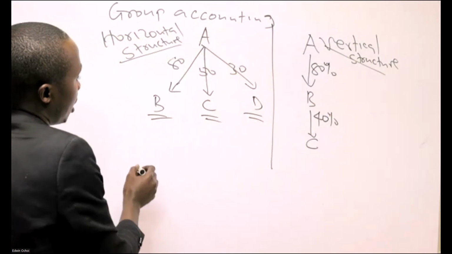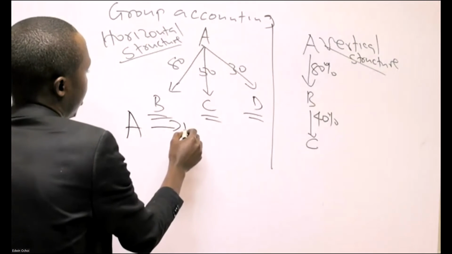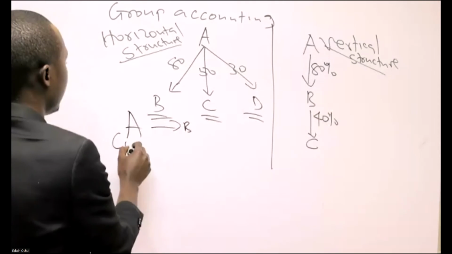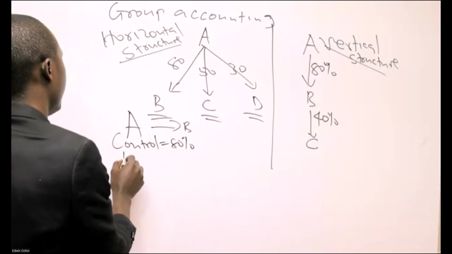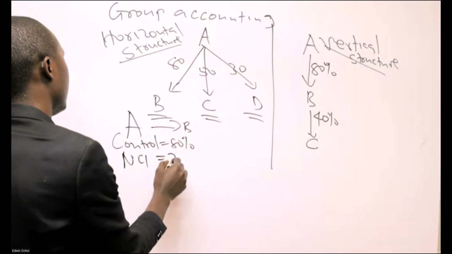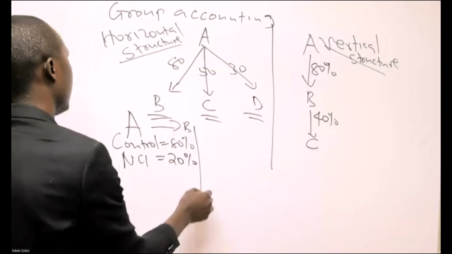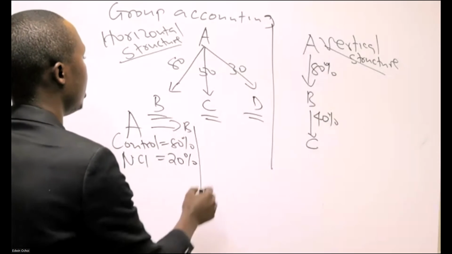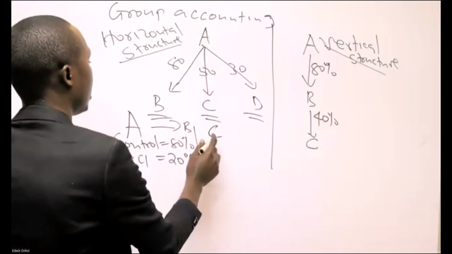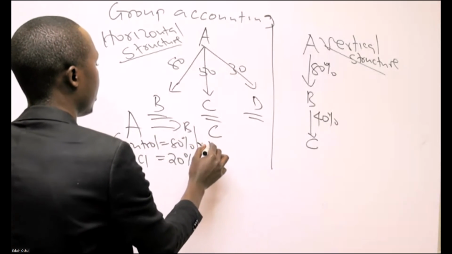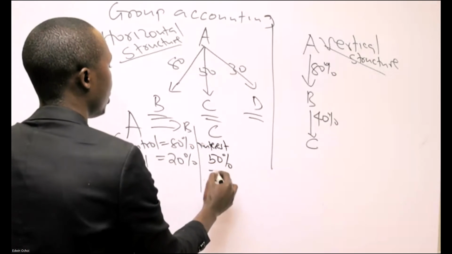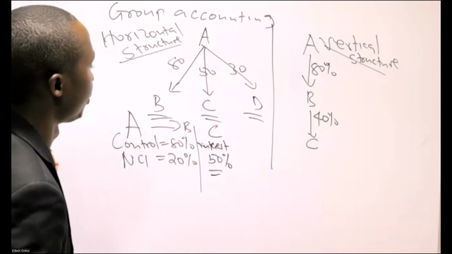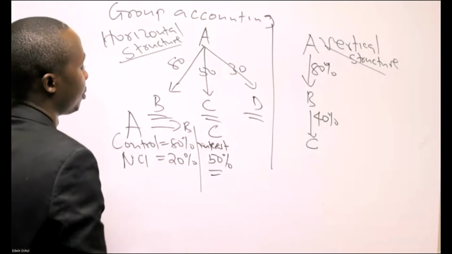So for the horizontal structure, like now here we have A acquiring B. So the control is 80%. So meaning that the NCI is 20%. Then in C, they have just an interest of 50%. The other 50, we don't know who is in possession of that.